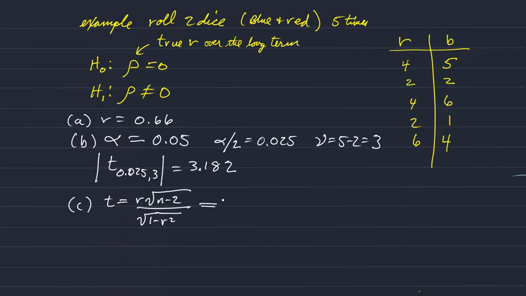The t value we get for r of 0.66 with this sample size is 1.5. We find that t is less than 3.182, which is our critical value, so we cannot reject H0.